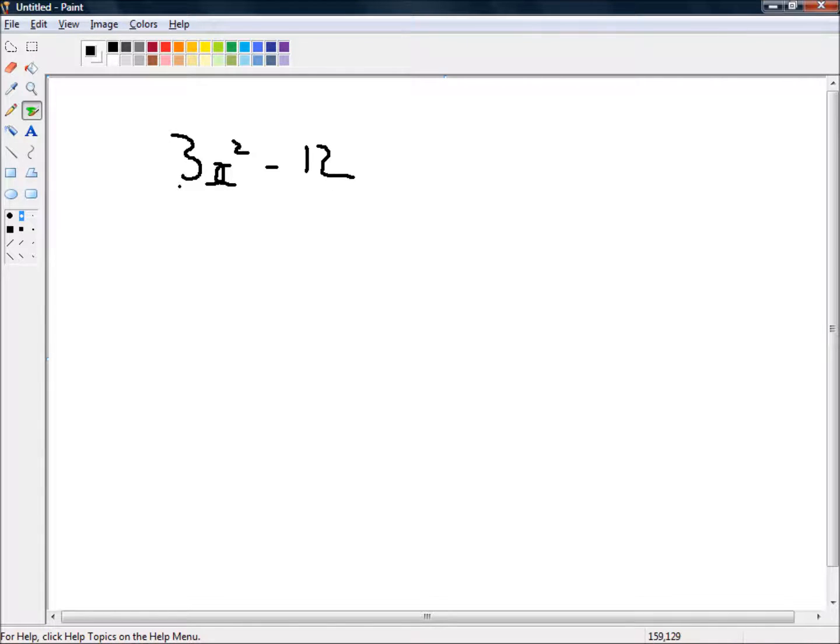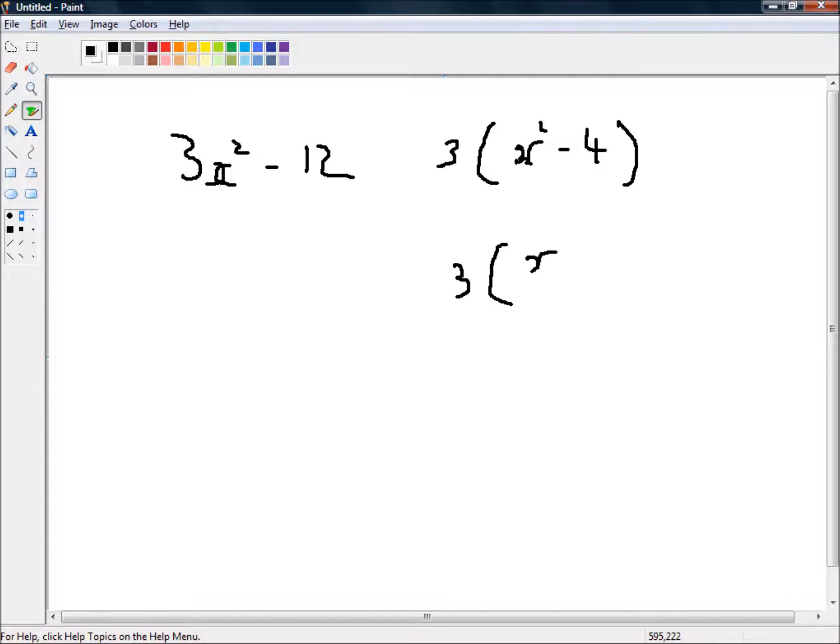However, if we pull out the 3, we get 3 into x squared minus 4. And of course x squared is a square number and 4 is a square number. So now we can factorise that using the difference of two squares.